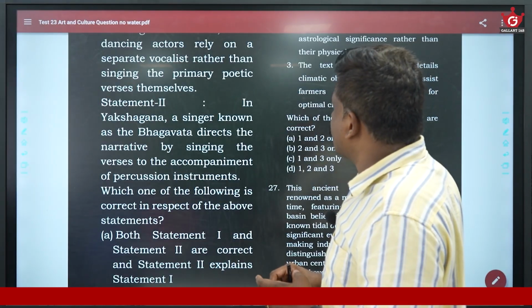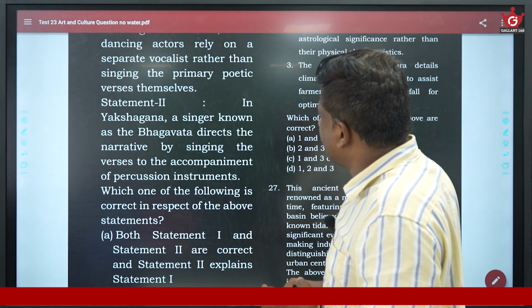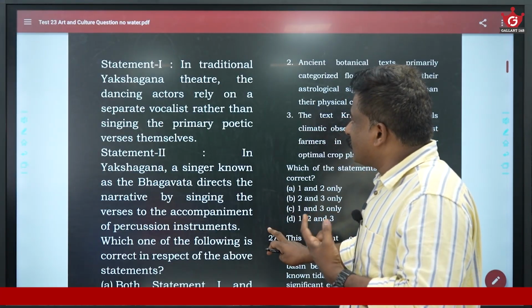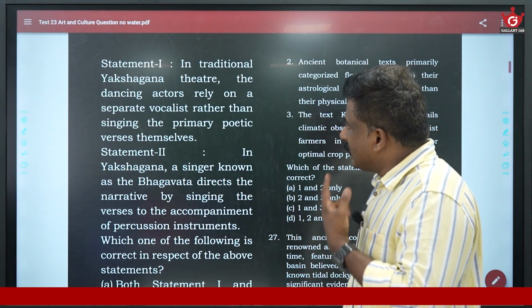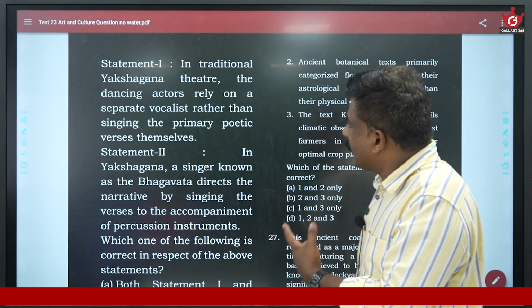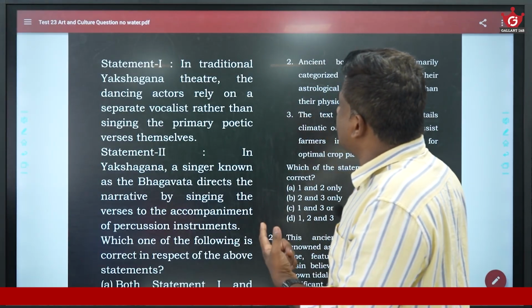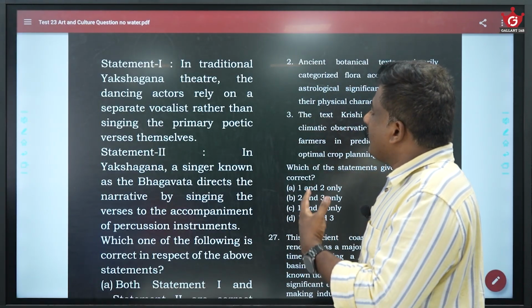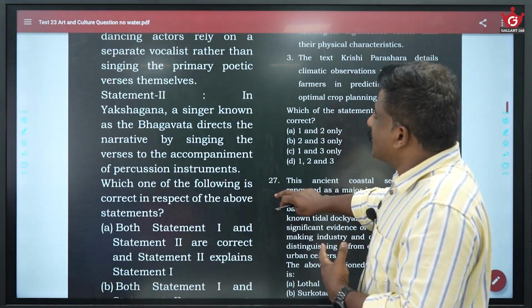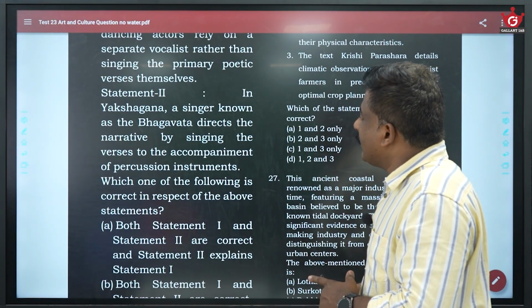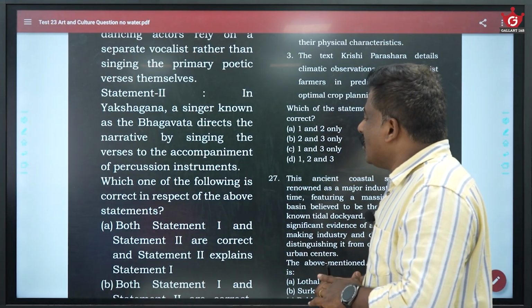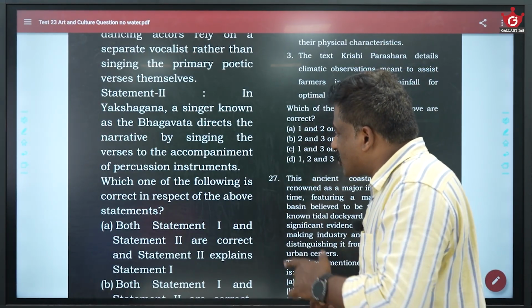Which of the following is correct in respect of the above statements? Yakshagana is a popular storytelling theatre tradition of Karnataka, and these dancing actors rely on separate vocalists rather than singing the primary poetic verses themselves. The singer known as the Bhagavata directs the narrative by singing the verses to the accompaniment of these instruments.